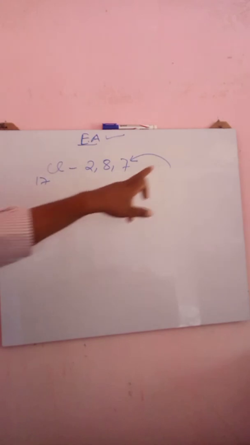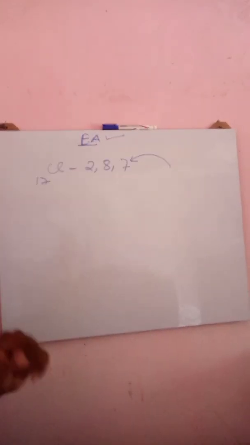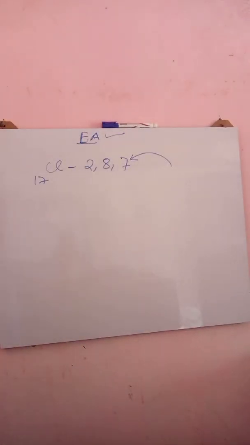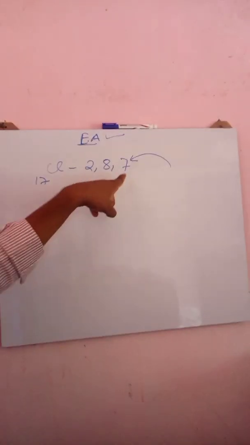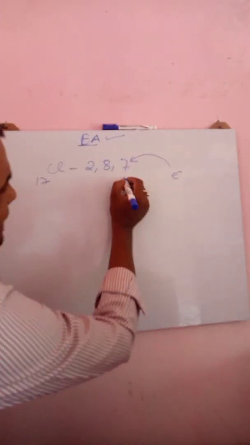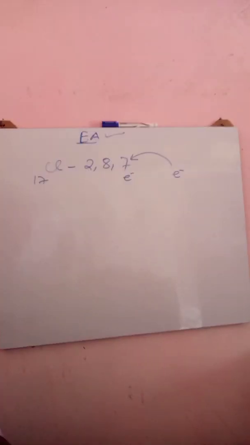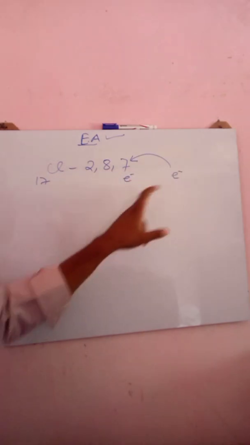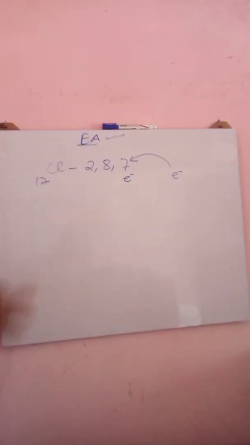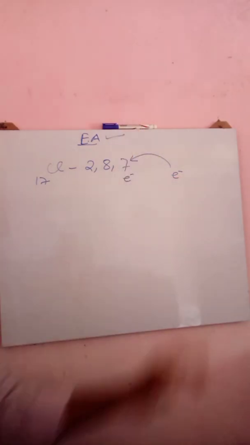So when you add an electron in the outermost shell of chlorine, some amount of energy will be released due to the electrostatic force of repulsion between the electrons present in the outermost shell and the upcoming electron. Here 7 electrons are present, so the upcoming electron will feel repulsion, right? Due to the repulsion some amount of energy will be released. This is called electron affinity.